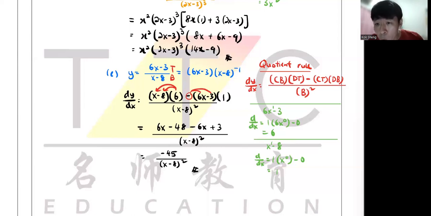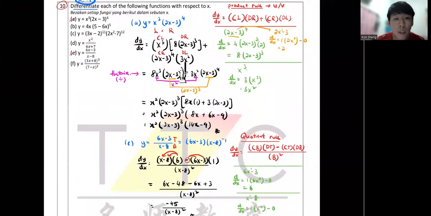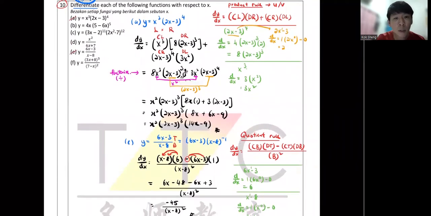Okay, when do we use product and quotient? Let me see again. You should be able to know the product and quotient. You can see the similarity for these 2 here. Not sure you can see or not. Let's look at the A here again.